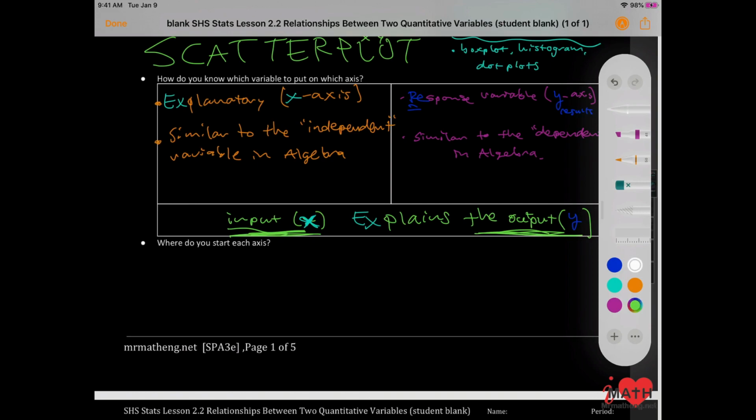So, where do we start each axis? Does not have to be the origin. You don't have to start at 0, 0. Remember, you can use those earthquakes.